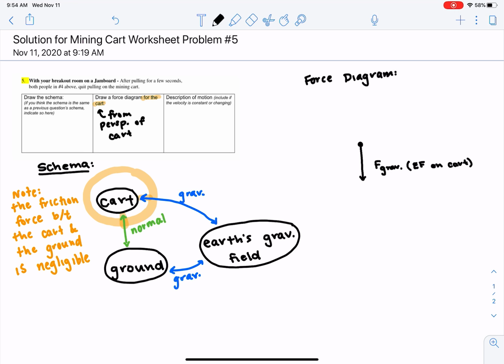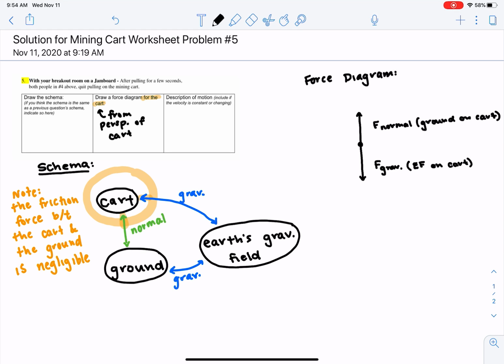Then we'll add our normal force, which is the ground pushing up on the cart, and we'll practice our notation. So force, the type is a normal force, and it's the ground on the cart.